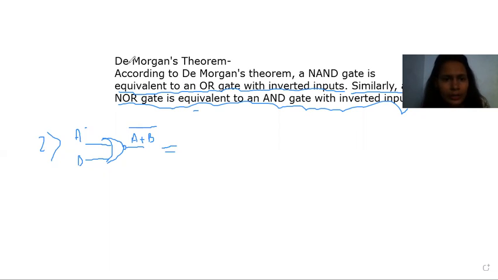So according to De Morgan's theorem, NOR gate is equivalent to an AND gate with inverted inputs. So we will draw AND gate with inverted inputs. These bubbles we are using for inverted inputs.